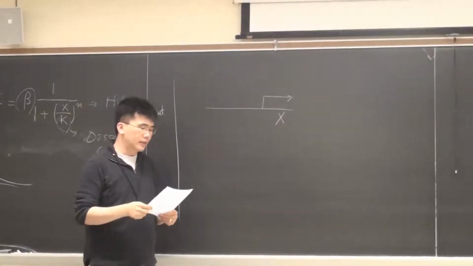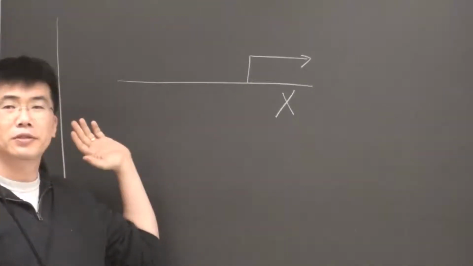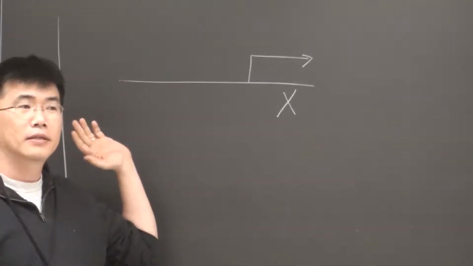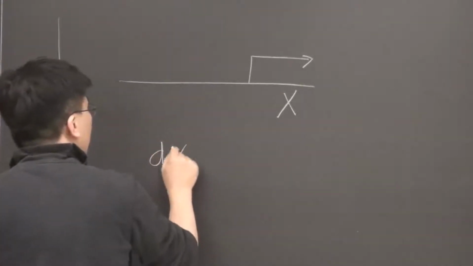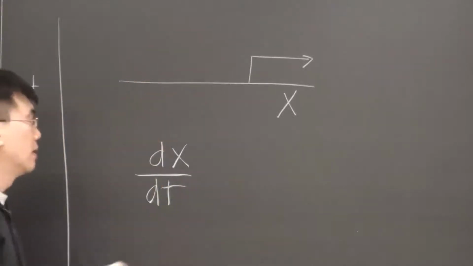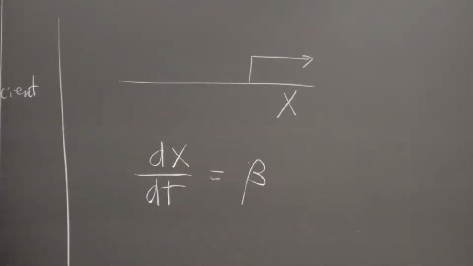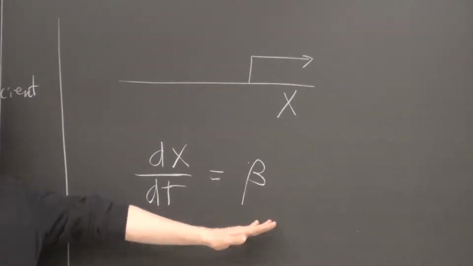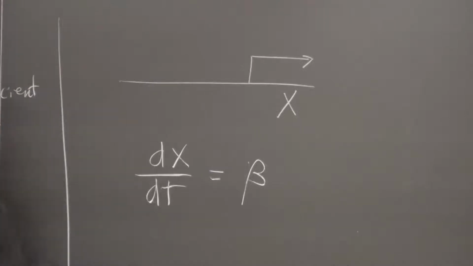You're making X, but there's no repression. Okay? So this means that if you plot how X is changing, there is some term that is the production rate, because now there's no repression, so that will be simply the production rate.